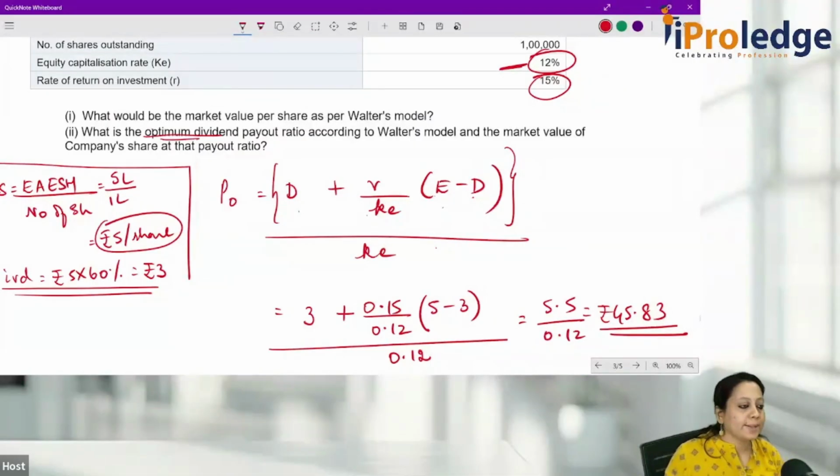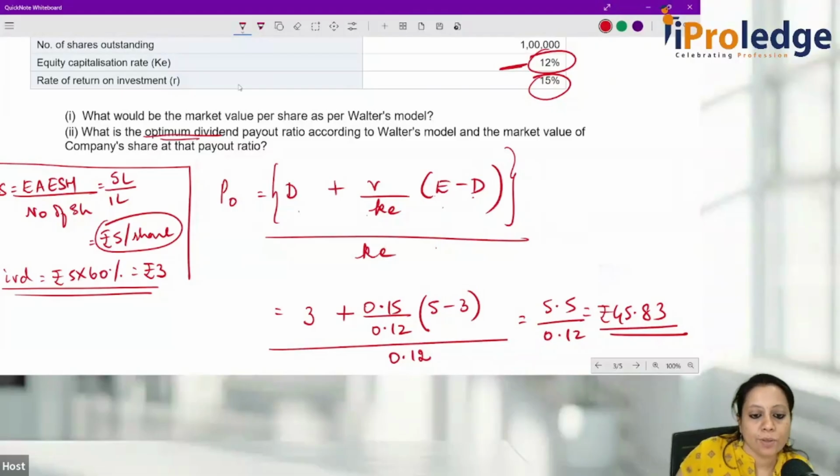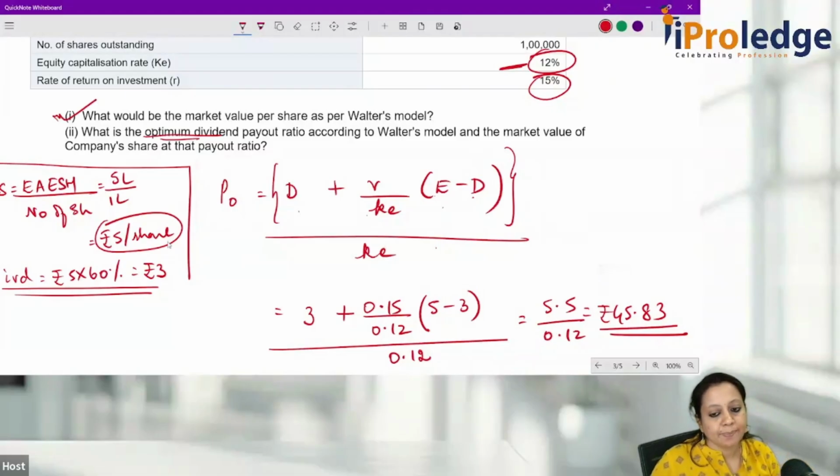So please use your calculators, everyone. As you can see, I am also using it till date. That is the only way to get fast at it. So we have found out the market value as per Walter's model.